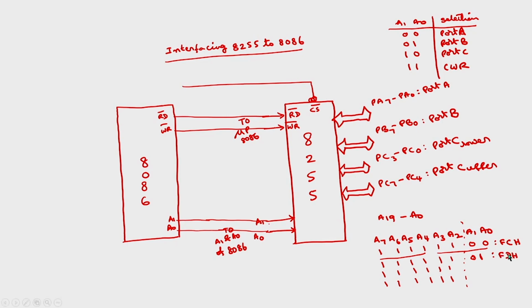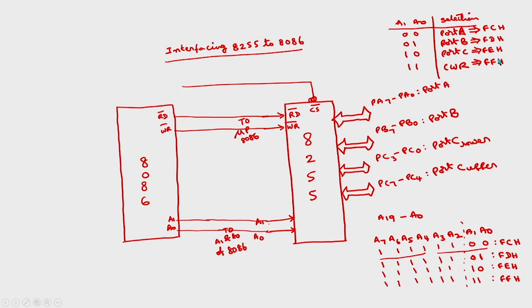This F is 4 ones and 1101 is 13D, and for 10, this will be FEH, for 11 this will be FFH. So the address of port A becomes FCH, this will be FDH, this will be FEH, and this will be FFH.